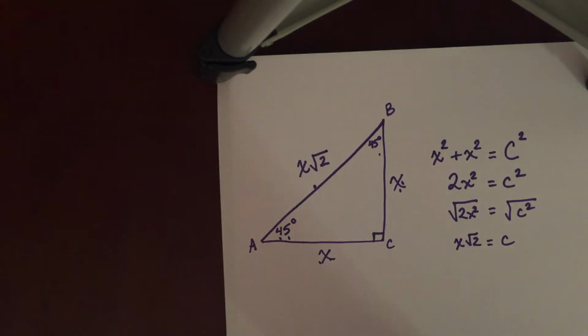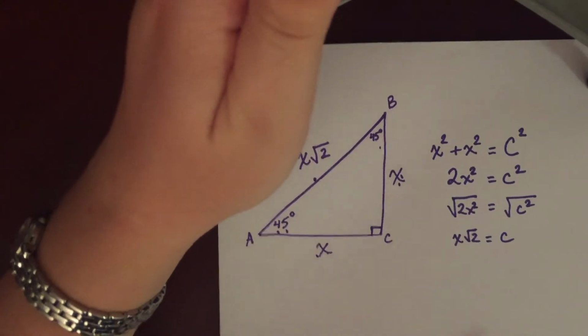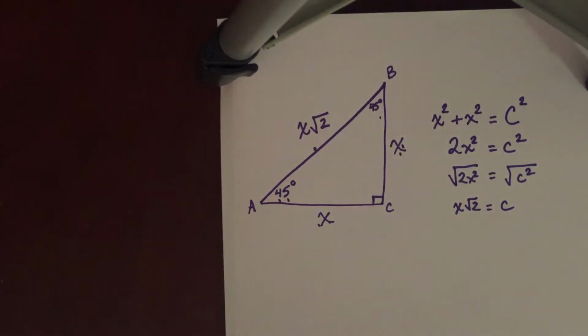So now, in order to apply this to the unit circle, we need to just do a little bit of algebra. The idea behind the unit circle is that the hypotenuse of any triangle we put into it is going to equal 1, because the hypotenuse is going to become the radius of the circle, and the unit circle is a circle whose radius is 1.